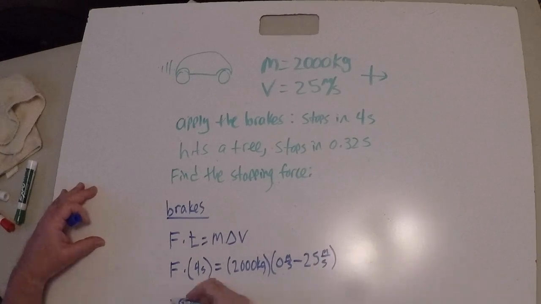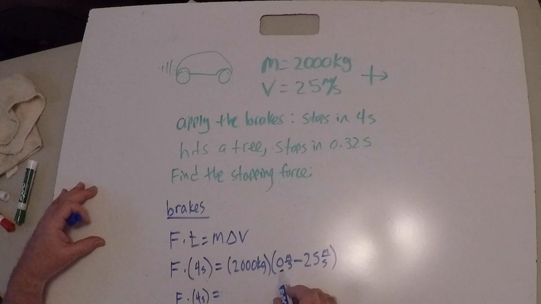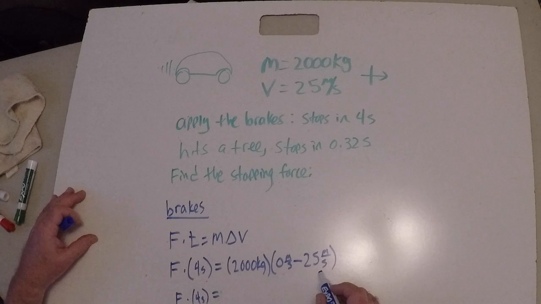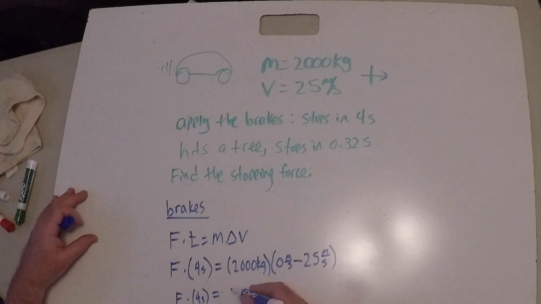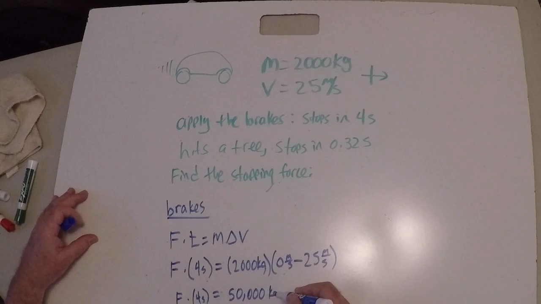So, force times 4 seconds is going to equal, now 0 minus 25 is negative 25, and negative 25 times 2,000 is going to be 50,000 kilogram meters per second. But since this is 0 minus 25, this becomes a negative number.